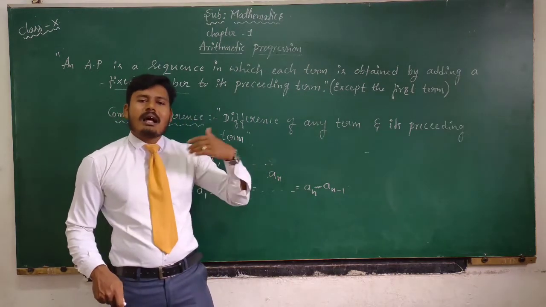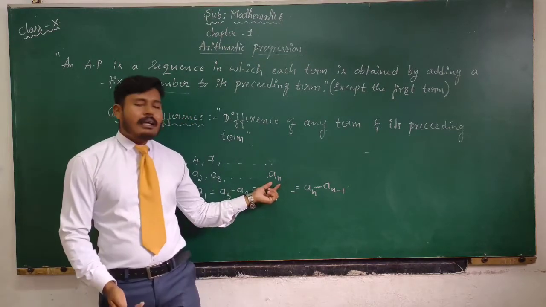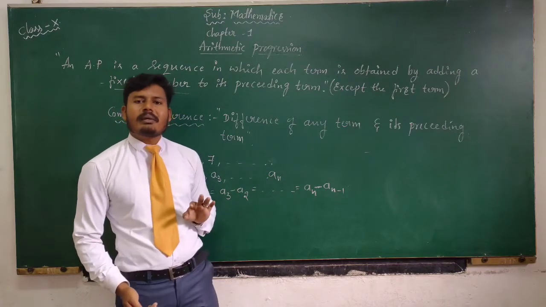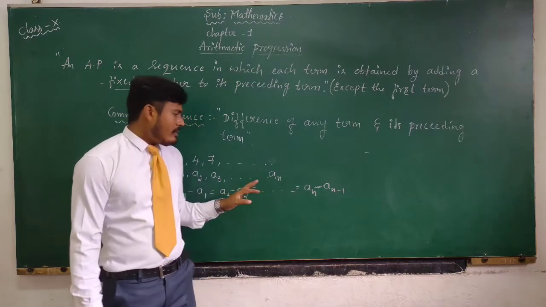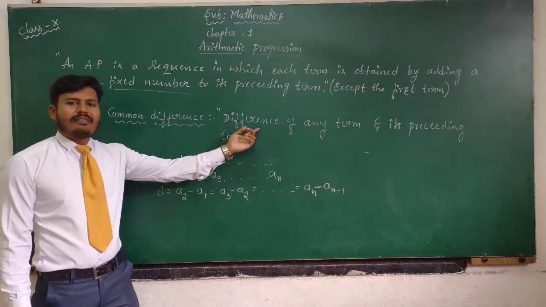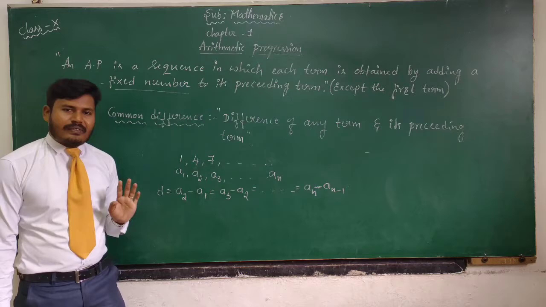If n becomes 100, it means the 100th term. If n becomes 1000, it becomes the 1000th term of an AP. Coming to the common difference formula, in the given definition, the difference of any term and its preceding term is the common difference.